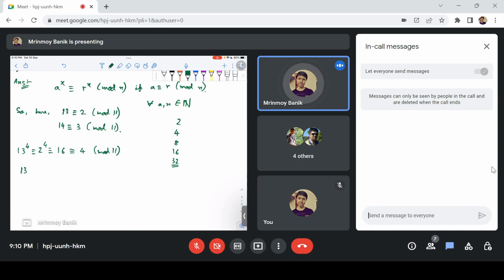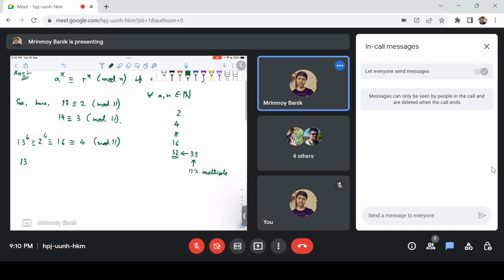So 32 is a nice spot since it's just one less than the next number, 33, which is a multiple of 11. So that's 2 power 5. So 13 power 5 is congruent to 2 power 5, which is congruent to 33, which is congruent to minus 1 mod 11. So we get a remainder of 10 when we divide 13 power 5 by 11. That's what this line says.